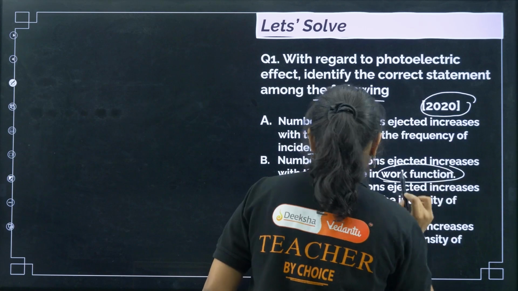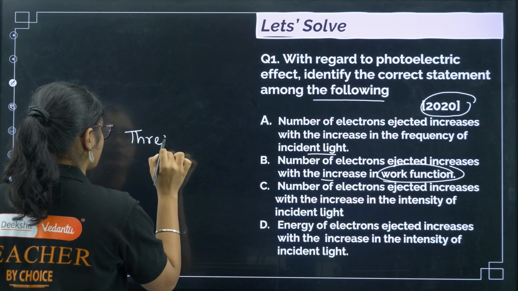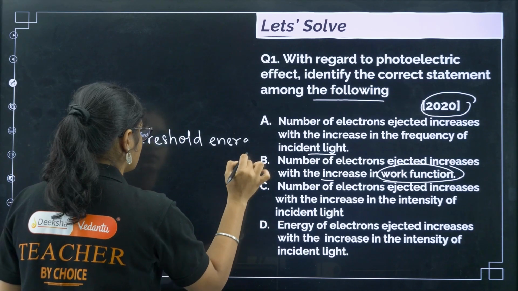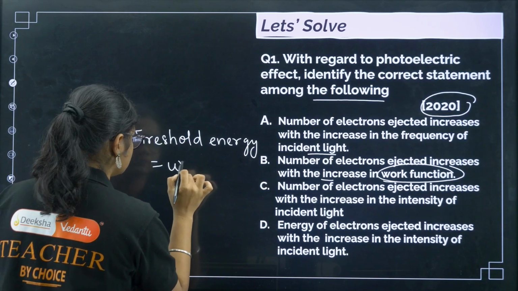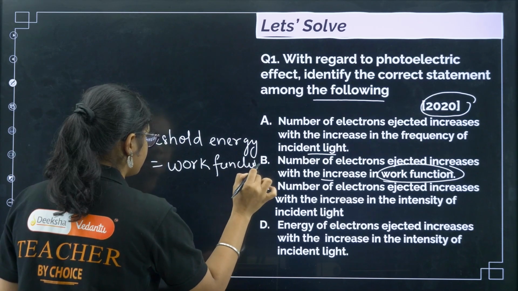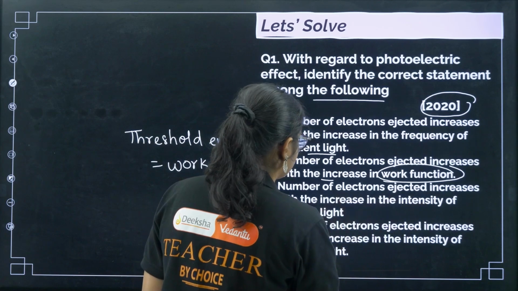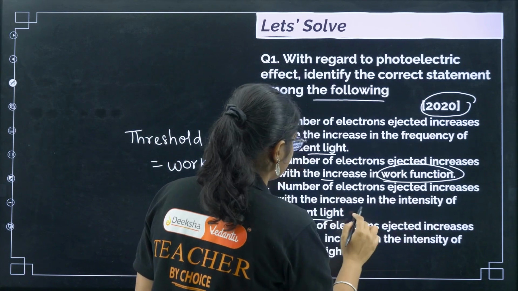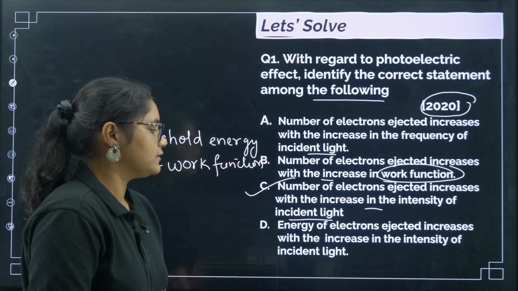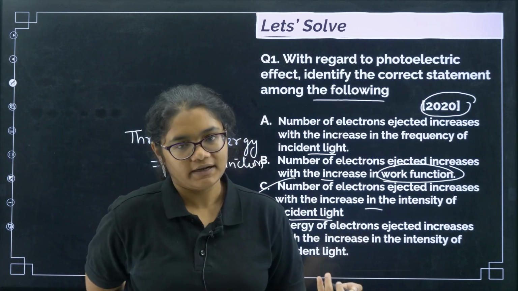Work function is nothing but the threshold energy. Next, the number of electrons ejected increases with the increase in the intensity of the incident light. Yes, this is correct.